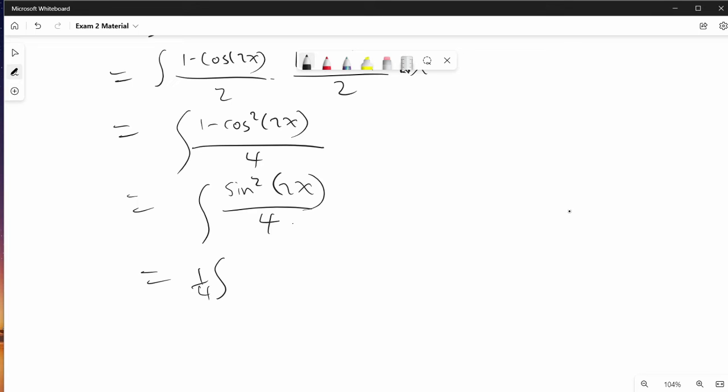Let's just take the fourth out: 1 minus cosine 2 times 2x over 2, right? Now you have just a cosine of first power, then that would just go into a negative sine of sorts, and then you can solve that.